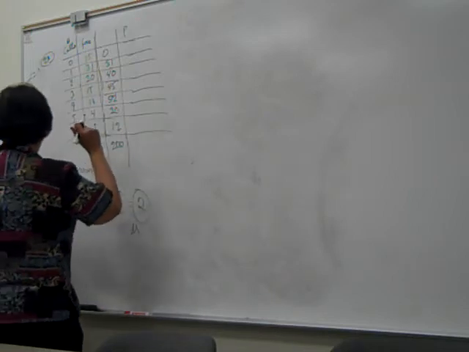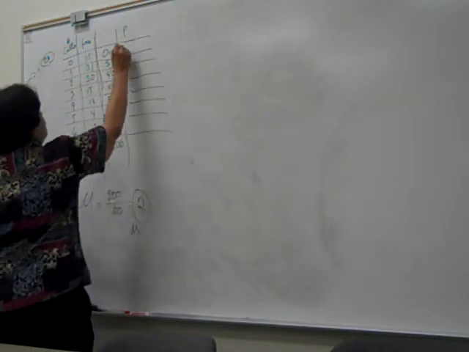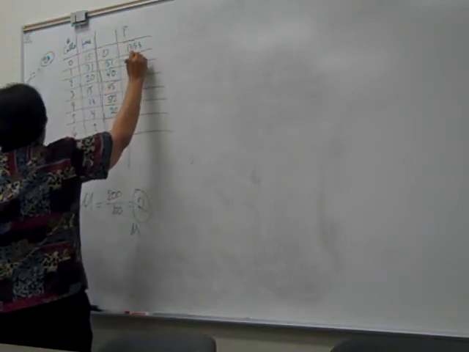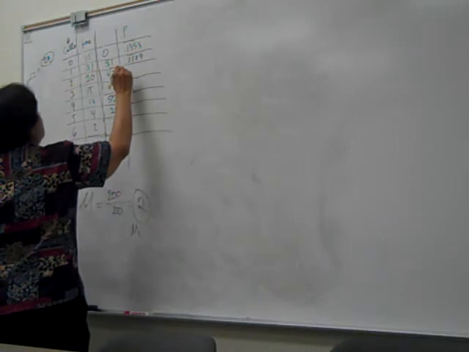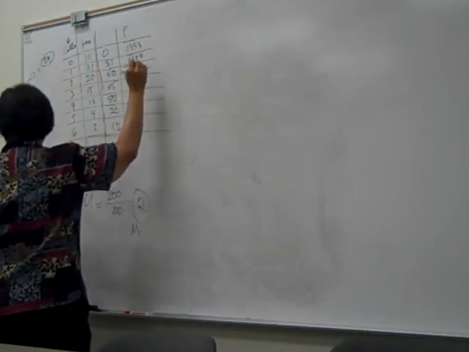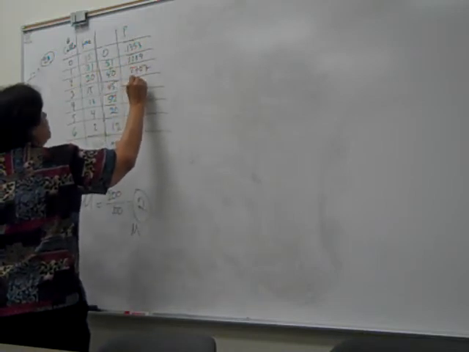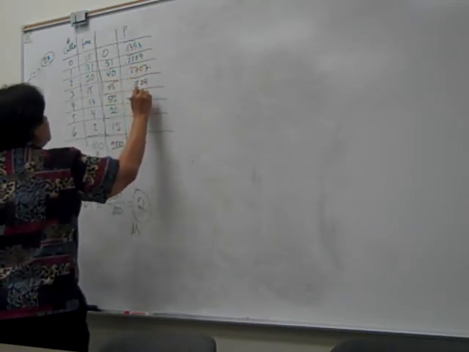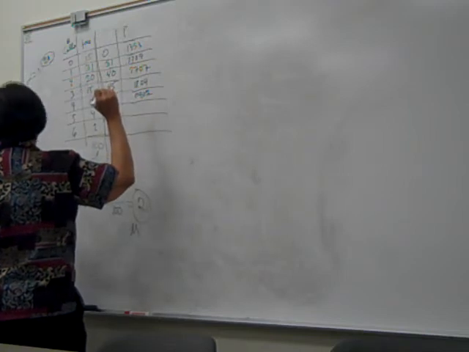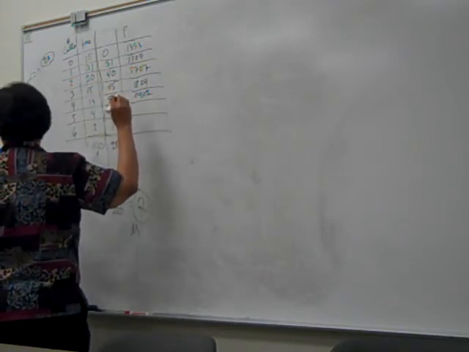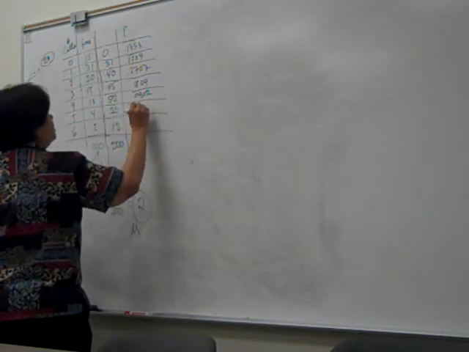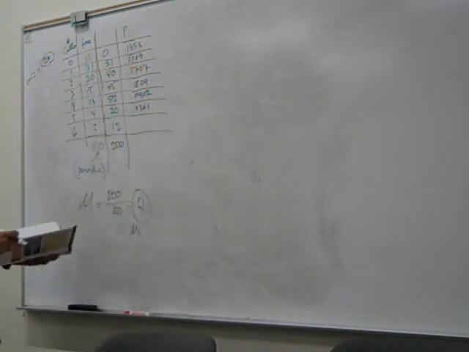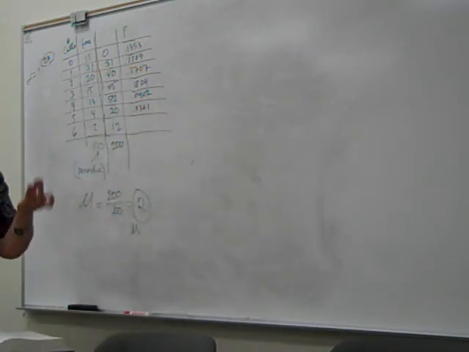For 0, I would have 0.1353. The next one is 0.2707. The next one too is 0.2707, 0.1804, 0.0902. For 5 it is 0.0361, and for 6, well, what happens? We have 6, 7, 8, and 9.